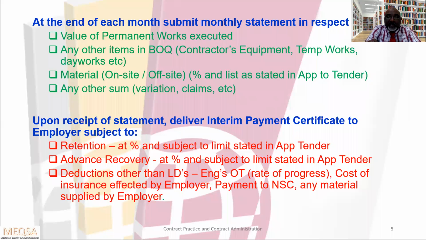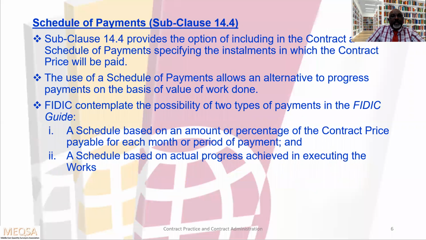If the contractor didn't take the insurance, the employer will take the insurance and deduct the premium in the payment application. These are the deductions I have mentioned. I have listed all these examples: payment to nominated subcontractor, any material supplied by the employer.